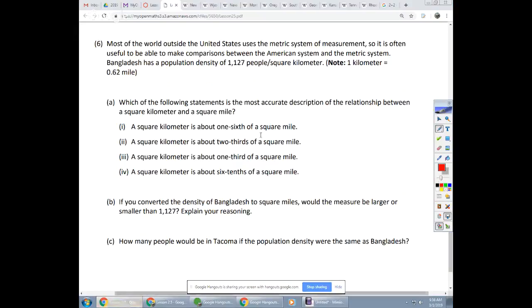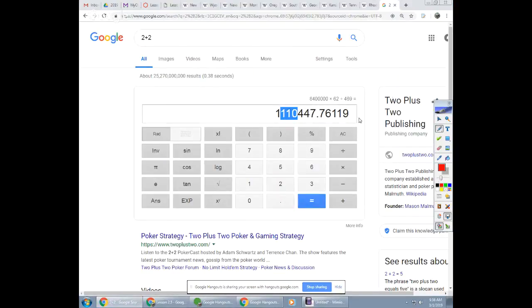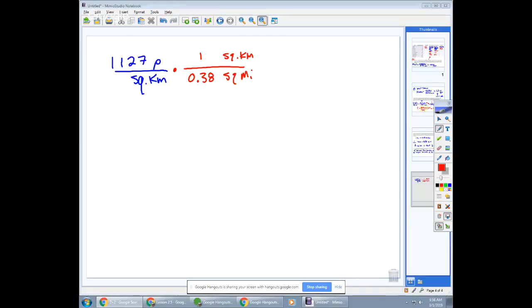All right, so somewhere here I have a calculator. There you are. 1,127 divided by 38 hundredths. Oof, that's like 3,000 people per square mile, roughly.